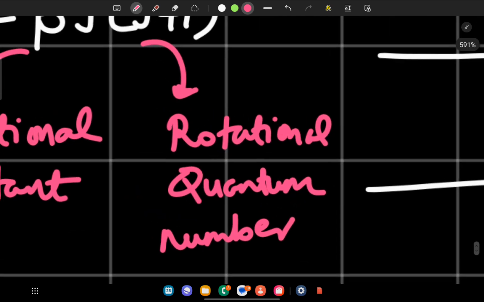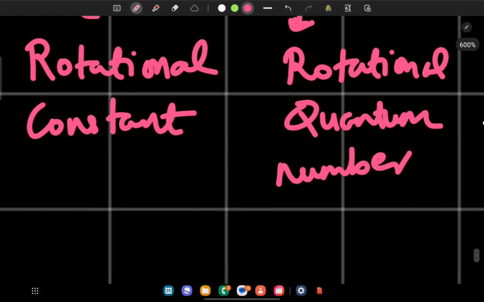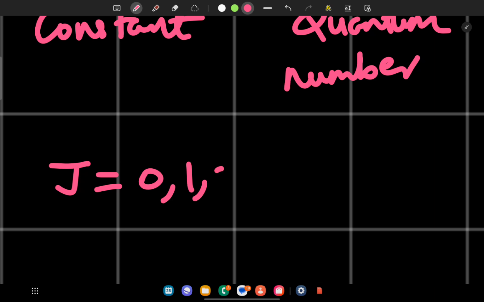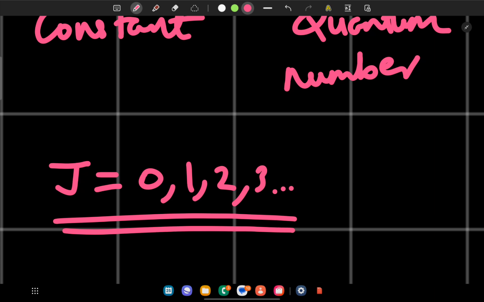Now what is the baseline condition? The baseline condition is that J, your rotational quantum number, can start from 0, 1, 2, 3 and so on. So J belongs to the set of whole numbers.